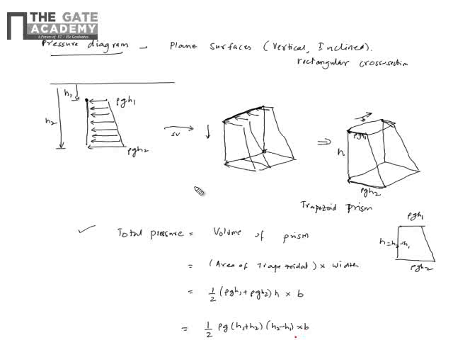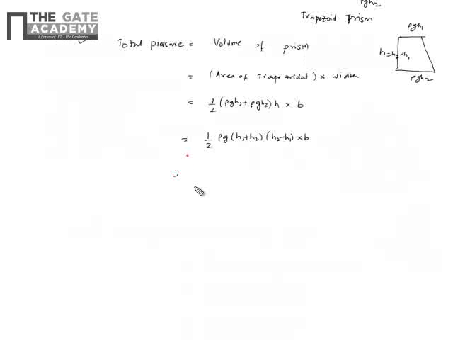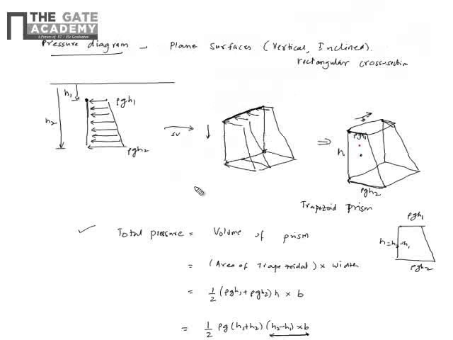Okay, so now h2 minus h1 into b is the area of the cross section of this, and it is rho g, h1 plus h2 by 2, into the area of the cross section. Now h1 plus h2 by 2 is basically the centroid of this area.